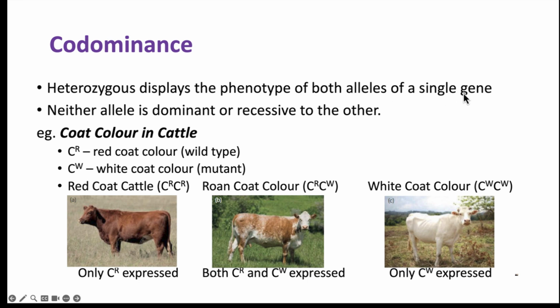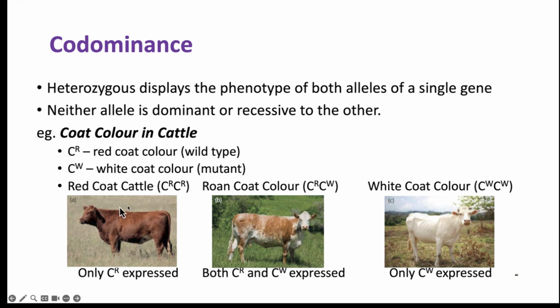So neither allele is dominant or recessive to the other. So the wild type is red. The wild type is the one that you see in nature, and the mutant is changed due to a mutation. So the wild type here is red coat, and the white coat is the mutant one.